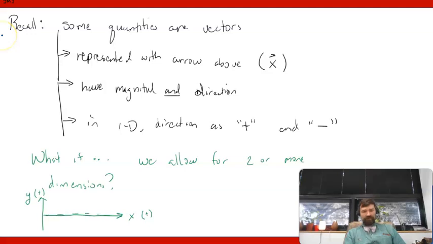What if our object actually has a velocity like this? You see what the problem here is. This velocity points in the plus direction if we're looking at, is it moving left or right? It points in the minus direction if we're looking at, is it moving up or down? So do we call this a positive velocity or a negative velocity?